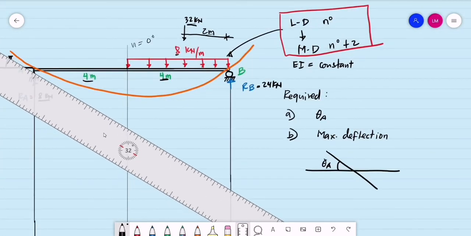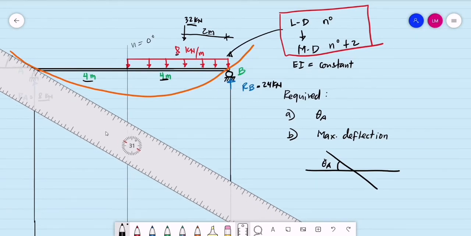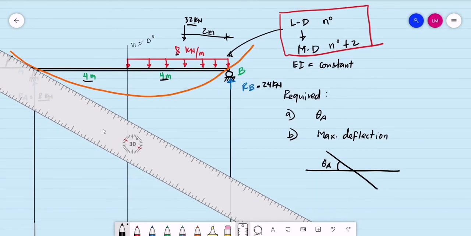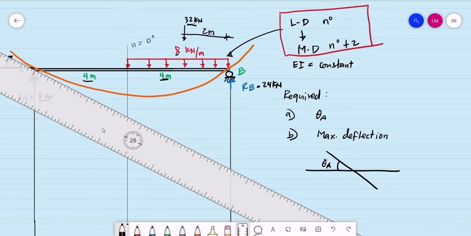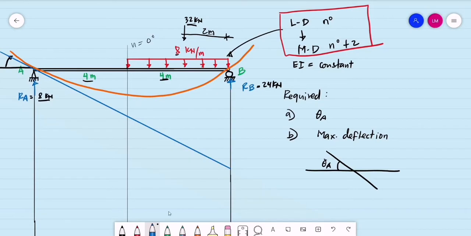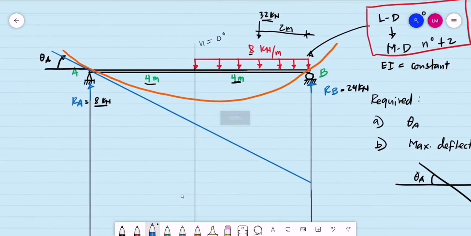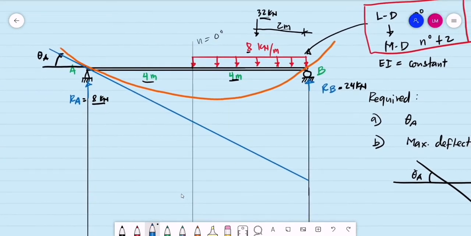So we are to draw a tangent line at A that will represent the slope. Let's say this is the tangent line that intersects the elastic curve at point A. We consider this distance from point B of the beam towards the tangent line.